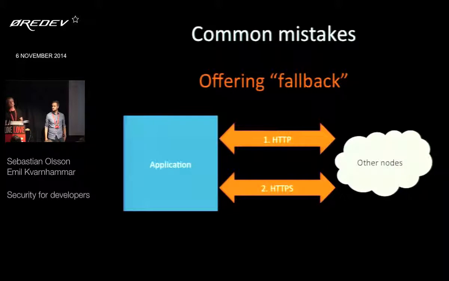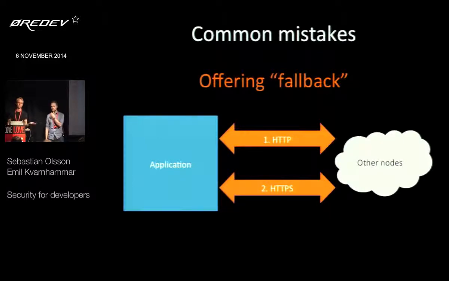Similar to that is if you offer some kind of fallback. That doesn't only mean fallback from HTTPS to HTTP, it also means within HTTPS. Depending on what your server configuration or your client configuration is, there might be a scenario where it could fall back to using weaker cipher suites or weaker versions of SSL or TLS. For instance, there have been attacks proven, like the Poodle attack that was published just a couple of weeks ago, where you downgrade the communication to SSL version 3.